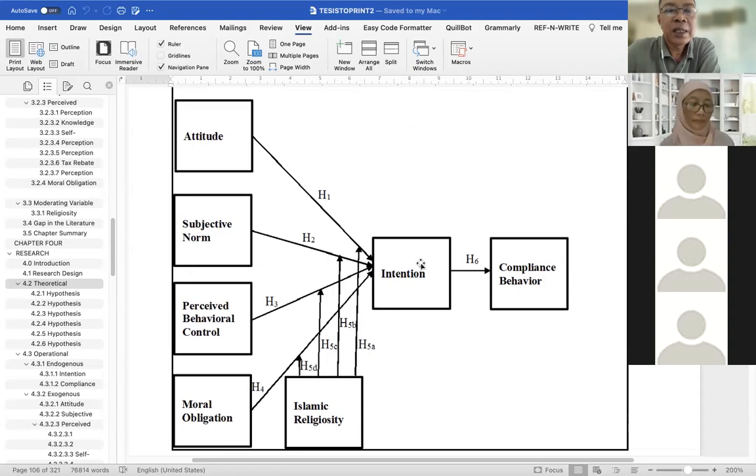It mediates the relationship between the independent variables. In this study, there are 4 IVs, independent variables, and one DV, one dependent variable. And this is called the mediating, and this is called the moderating. We will talk more on this later.